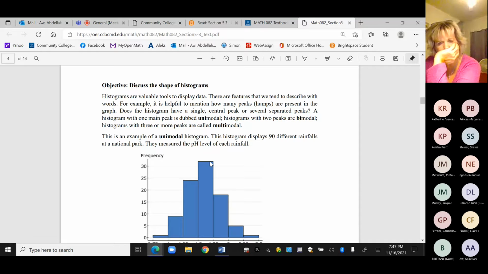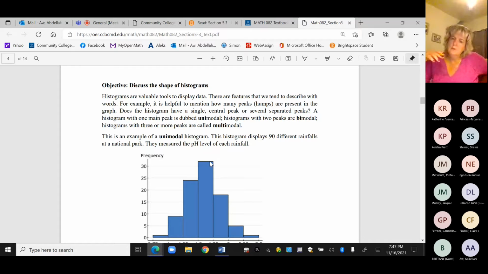What is the shape of it? When you look at this histogram, I see only one peak, right? Everybody else is around. We have one peak, and we can describe this as a single peak. We call this a unimodal histogram. Okay.